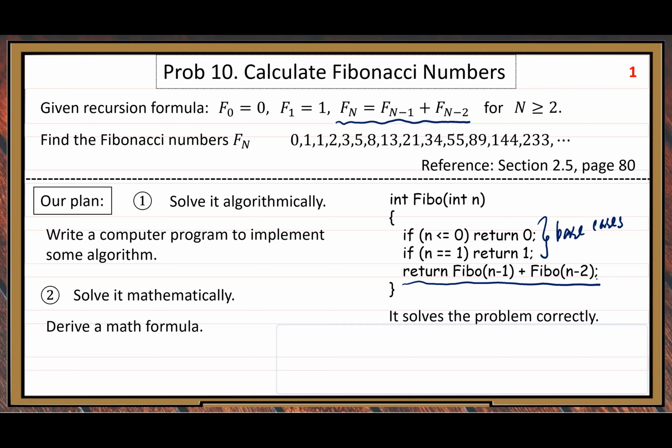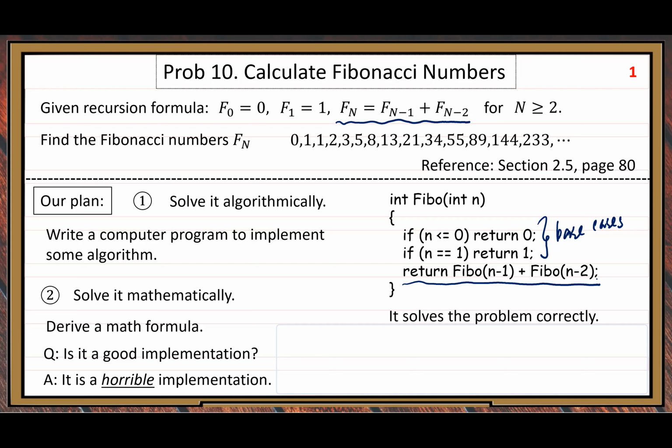It solves the problem correctly. So the answer generated by this function is correct. But the question is, is it a good implementation? We need to think about it. We need to do some analysis or do some experiments. Is it good? The answer is, it's a horrible implementation because it is extremely slow.